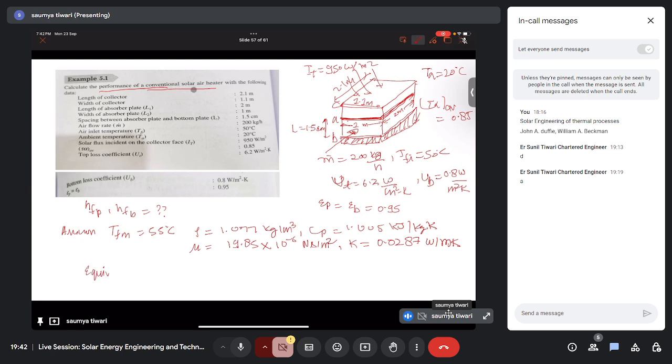So equivalent diameter will be 4 into the cross sectional area of your duct upon your wetted perimeter, right?